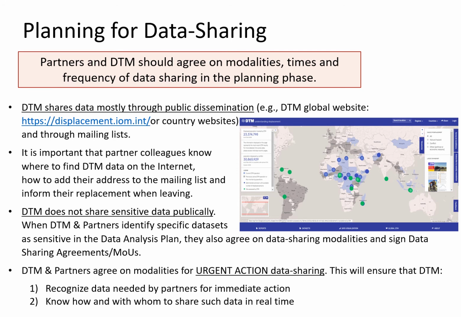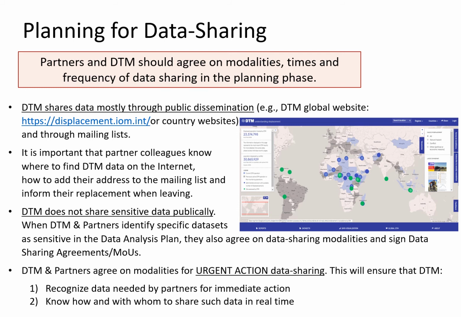DTM does not share sensitive data publicly. When DTM and partners identify specific data sets as sensitive in the data analysis plan, so in the planning phase, they also agree on data sharing modalities, and they agree and sign data sharing agreements or MOUs, and that will enable swift data sharing when the data come in and when the results of DTM are obtained and then processed.